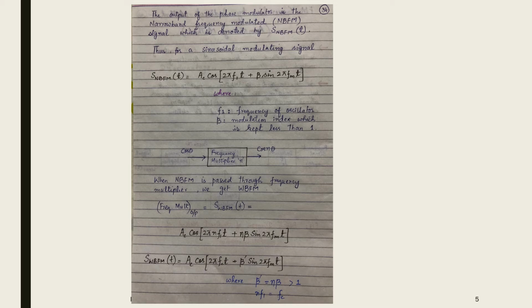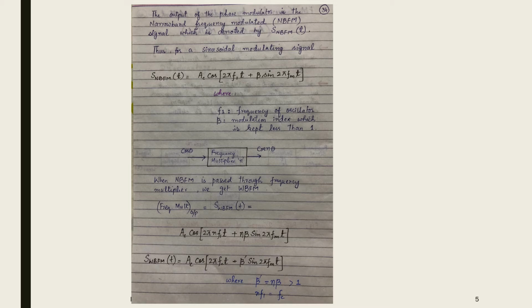What will be the form of this output signal? It is similar to narrowband FM, and the only difference is that n, the multiplier constant, is multiplied here.